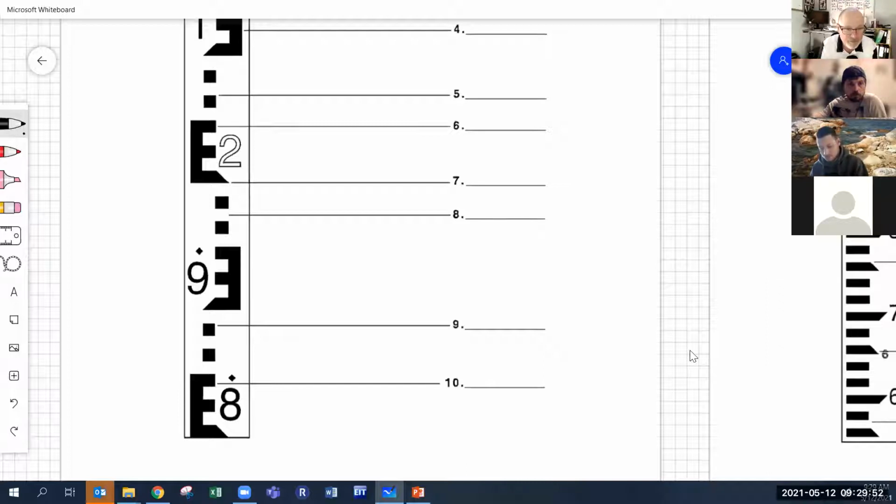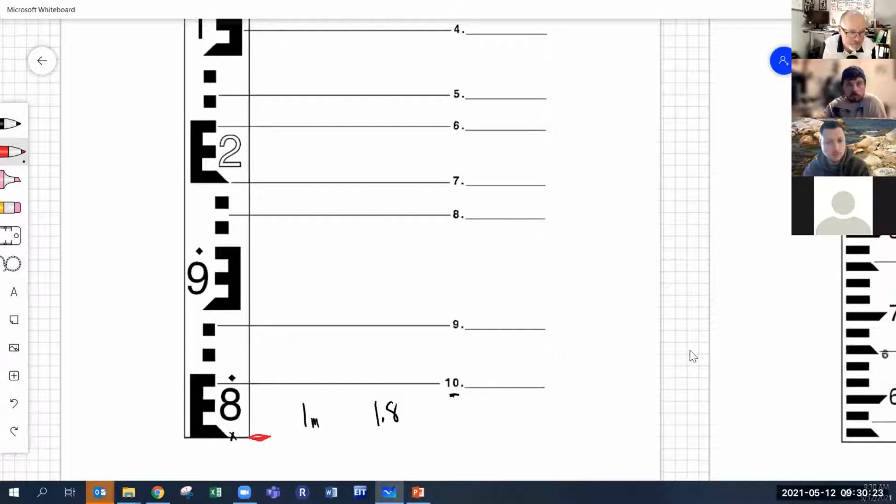So for number 10, this is 1 meter. There's 1 diamond, so that's 1 meter, okay? And then it has an 8, so that's going to be 1.8 meters, okay? And then we count up how many indications. So this point right here is 1.8, right at the very bottom. Let me make another note right there.